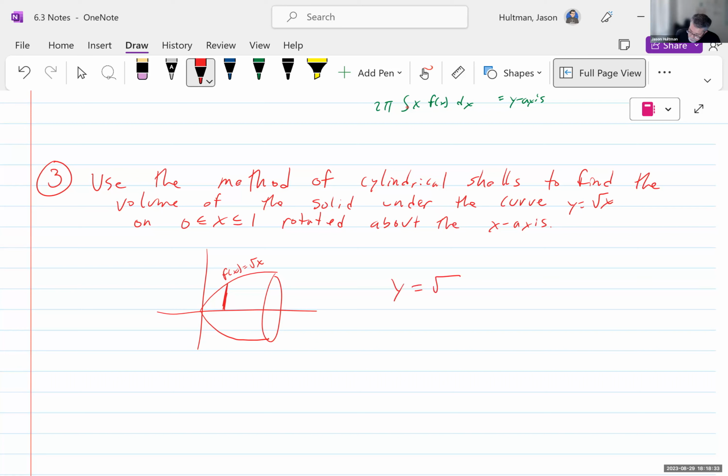Okay, however, if we are doing this with respect to the cylinder method, and we're rotating about the x-axis, we have a different formula. Our formula then, rotating about the x-axis with cylinders, is this formula: 2 pi integral from c to d of y f of y dy.